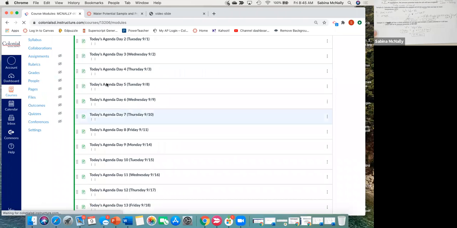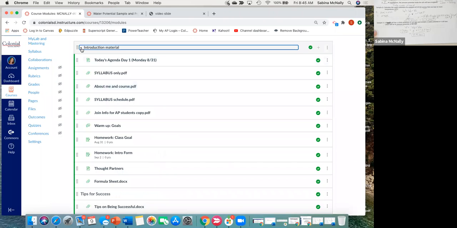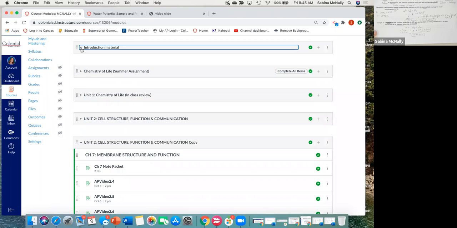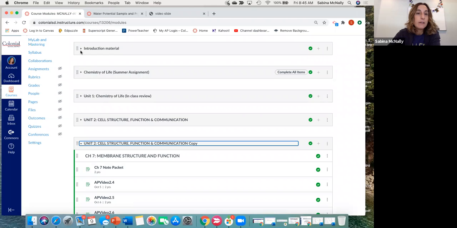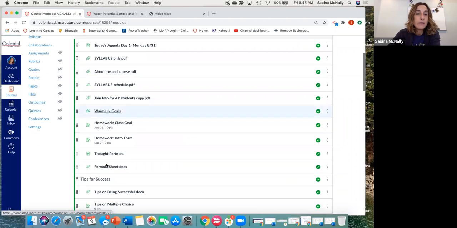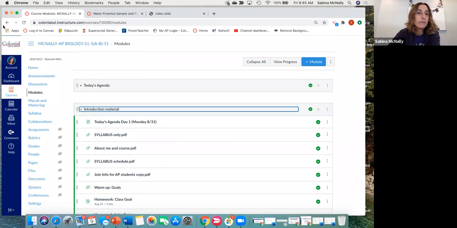And you can close these little tabs, if they're annoying, so you don't have to scroll so much. When you're done with the unit, you can just close that little tabby thing. But here in introductory material is the formula sheet. So if you ever need that, and I forget to put a link, that's where you can find it.